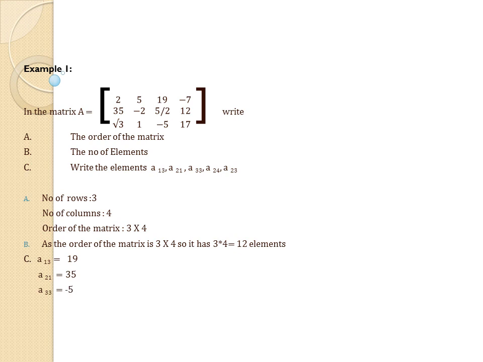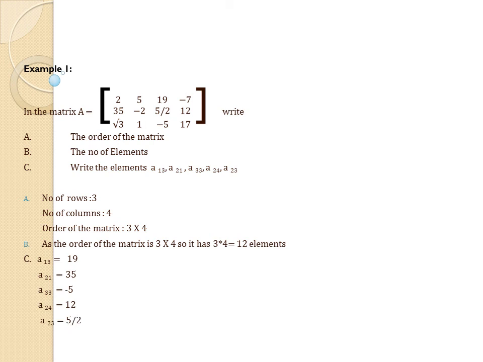Next example, A33. 33 means third row and third column, that is minus 5. Fourth one is A24. 2 means second row, and 4 means fourth column: first column, second column, third column, fourth column, so that is 12.